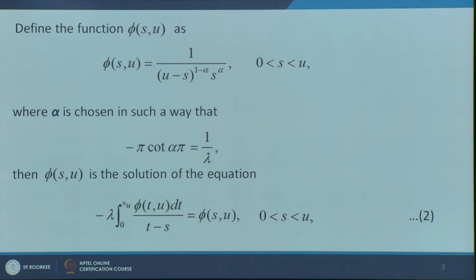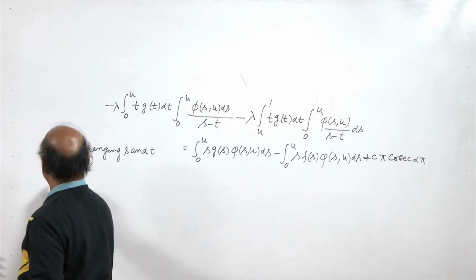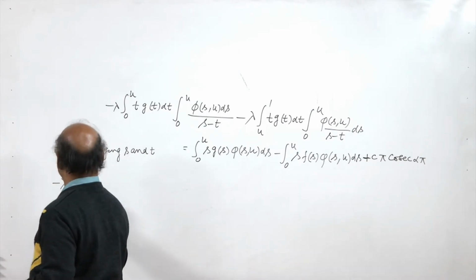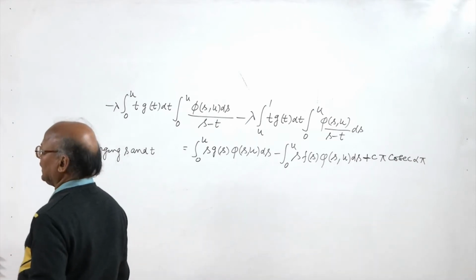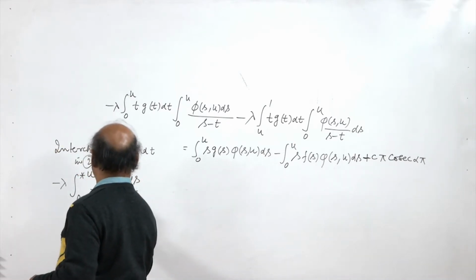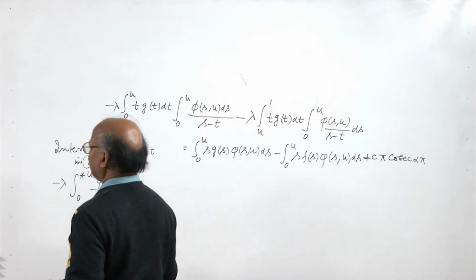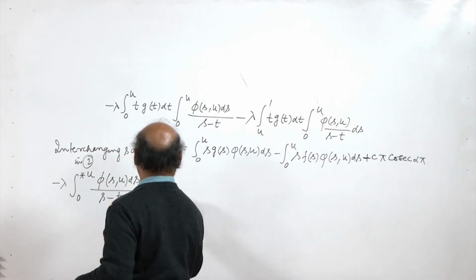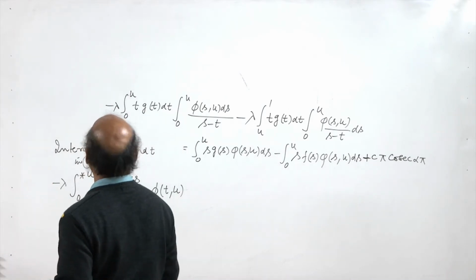When you interchange s and t in equation 2, we will have minus lambda integral 0 to u phi(s,u) ds divided by s minus t equal to phi(t,u) when t lies between 0 to u.